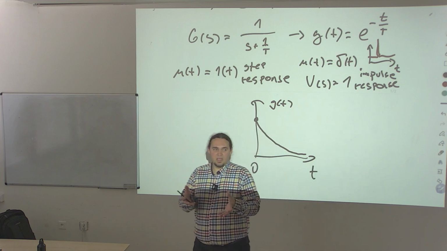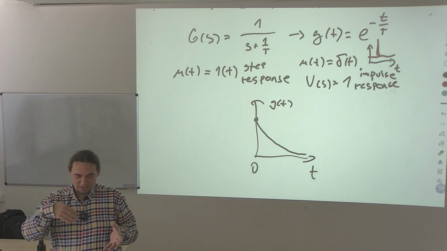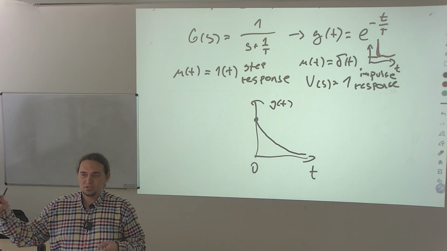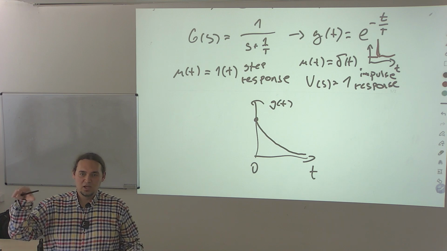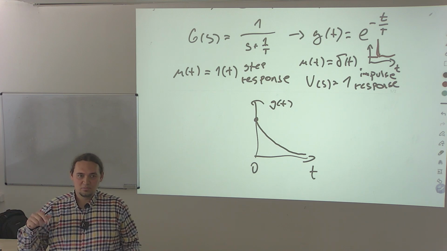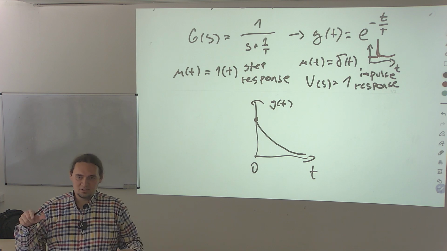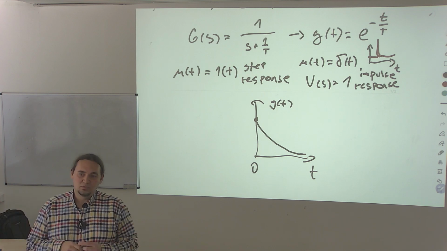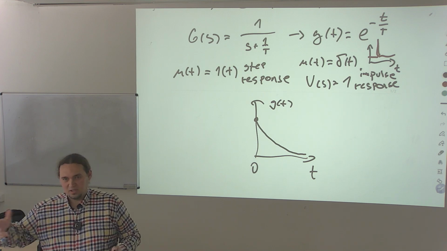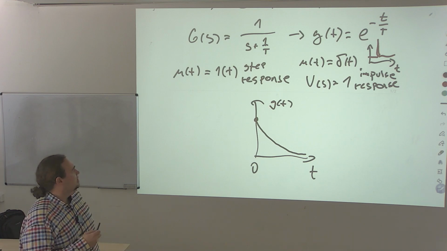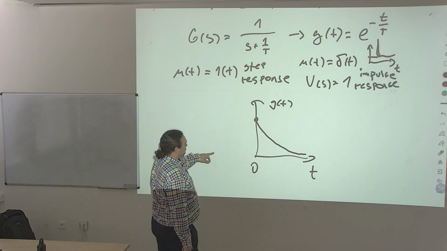I have my tank fed by some liquid with a constant flow rate, and I just for a bit of a moment go from the steady state by doing the impulse, like a sudden twist, and then going back with some valve. Well, what would happen?